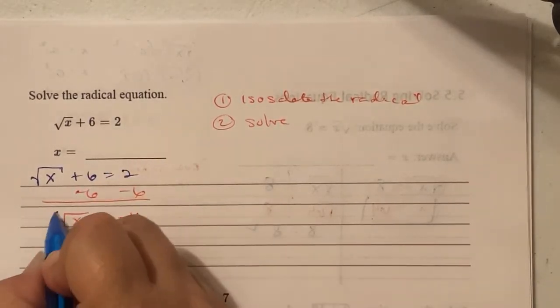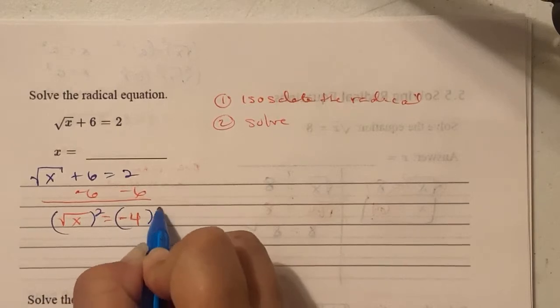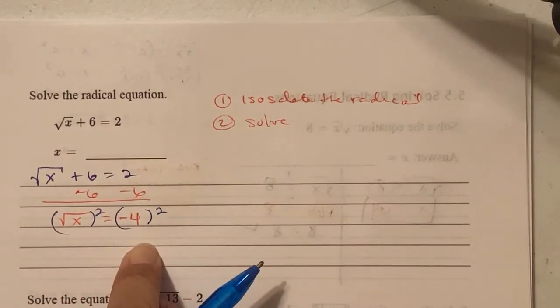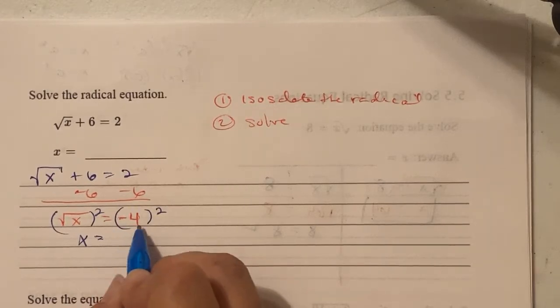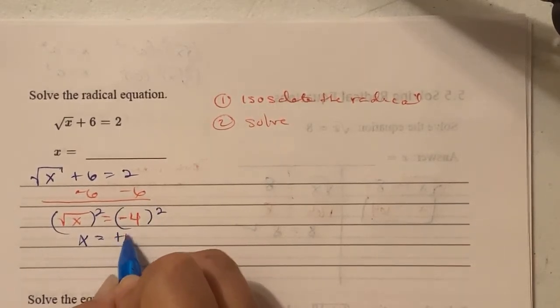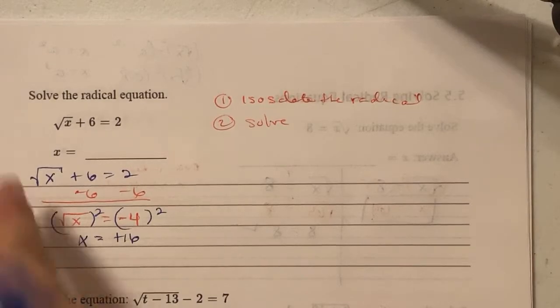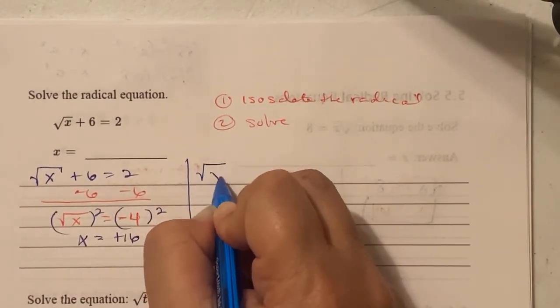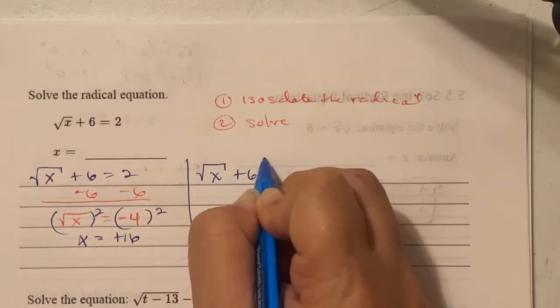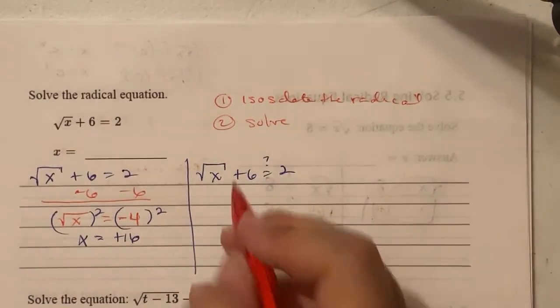Even index, so I'm raising both sides to a power of 2, and that's why I put parentheses around the negative 4. I get x. Negative 4 in parentheses squared makes it positive 16. Remember, it's an even index, so we need to check it. So we take our original and substitute in.